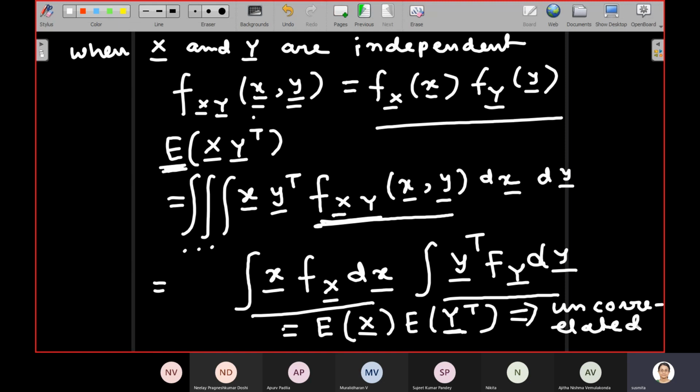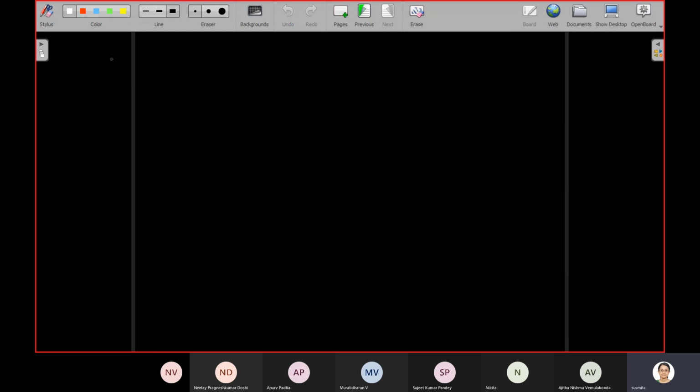Now you can see that independence implies that they are uncorrelated. So when we say two random vectors or two random variables are independent, that automatically implies, which we proved on the previous page, that they are uncorrelated.